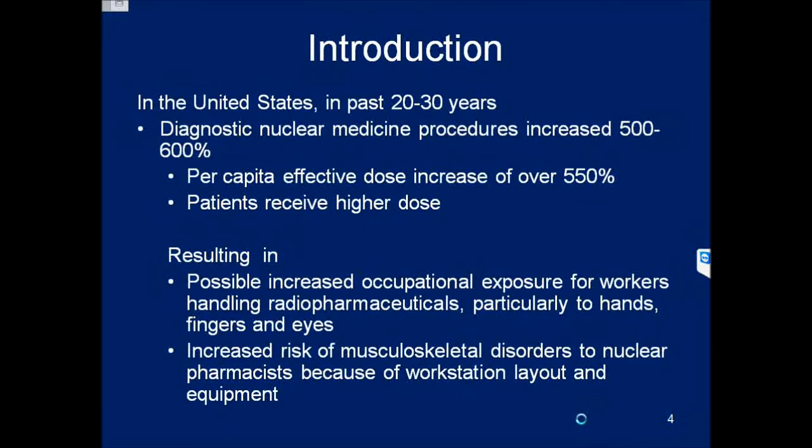To try and hold a syringe, and you're going like this with the syringe and having to use your hands. Very awkward posture. You put your hands in awkward postures, and you're looking through the window. So there are issues, and that's been one of the major issues that was presented to me by a nuclear pharmacist here at Purdue.